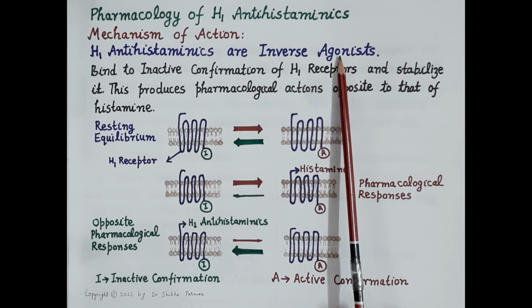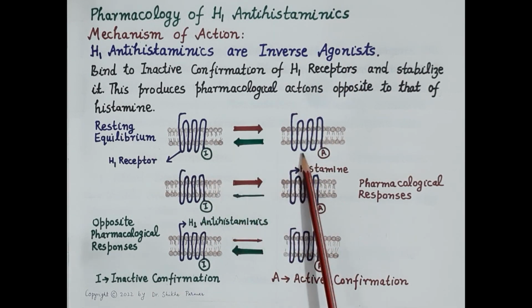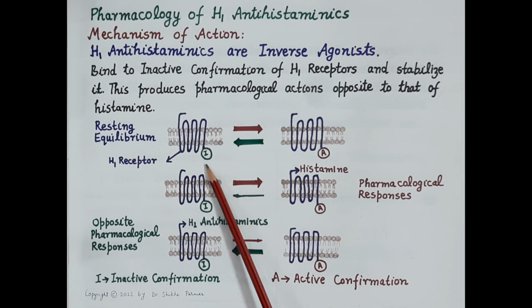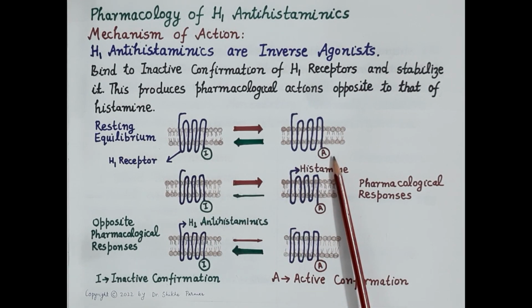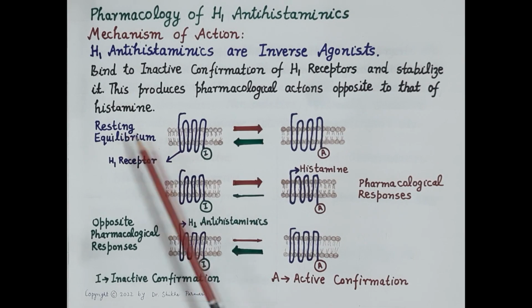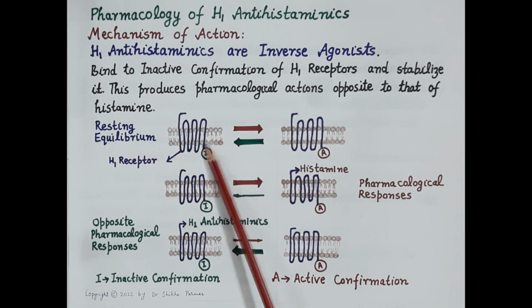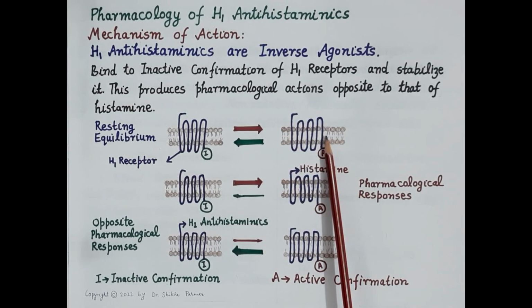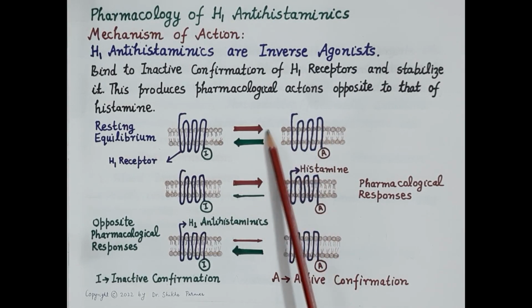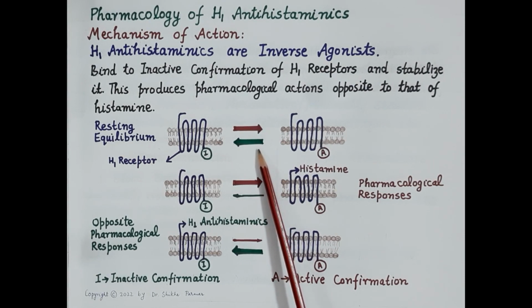Now as we know, receptor exists in two interchangeable conformations. One is the inactive conformation of the receptor, another is the active conformation of the receptor. And during the resting stage, an equilibrium exists between the inactive and the active state of the receptor, and this equilibrium is depicted here by the arrows.